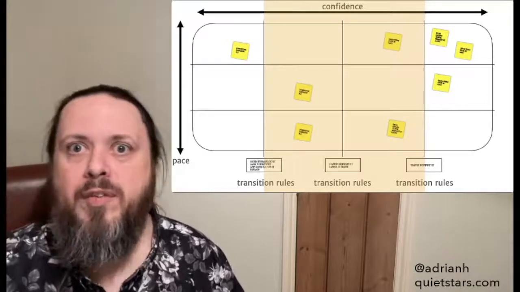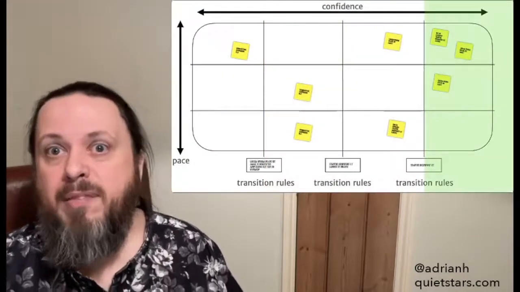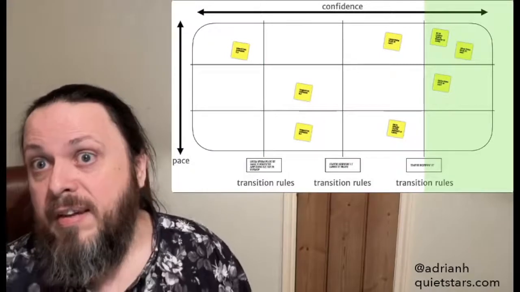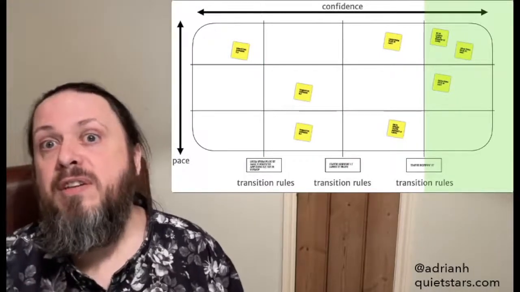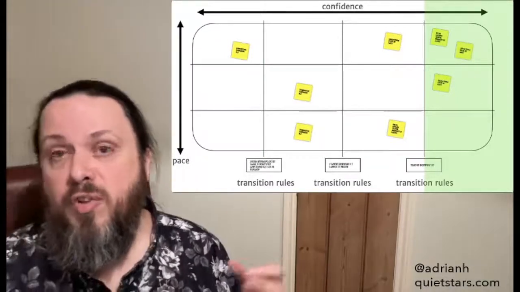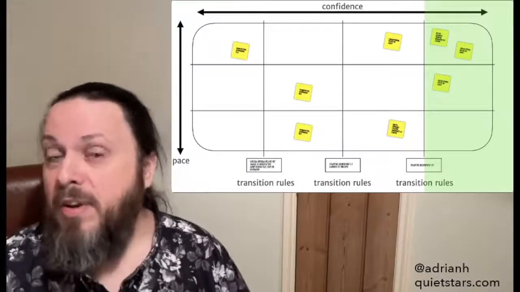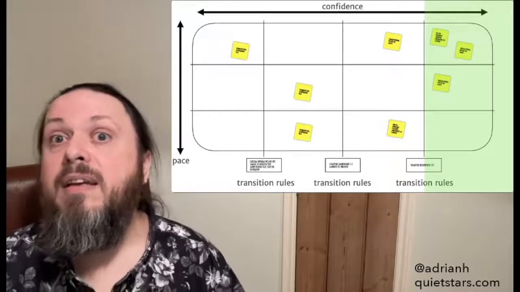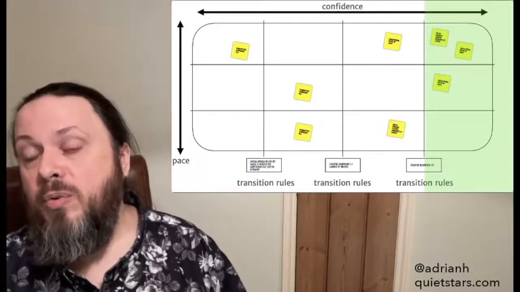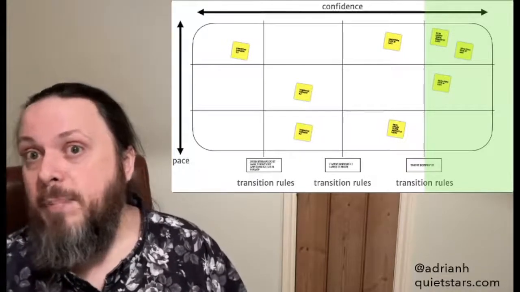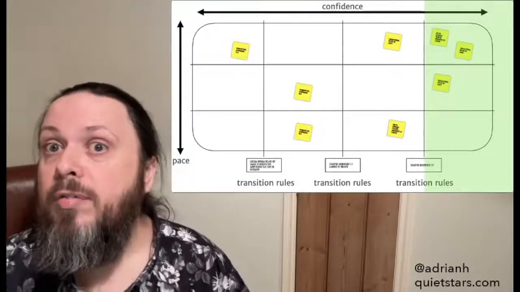But when we shift over to the right, we know we have much stronger evidence here, and we can use this information to drive decisions about building features that we can be fairly confident are going to fulfill a customer need. We can be fairly sure that the bets we make here are going to pay off.